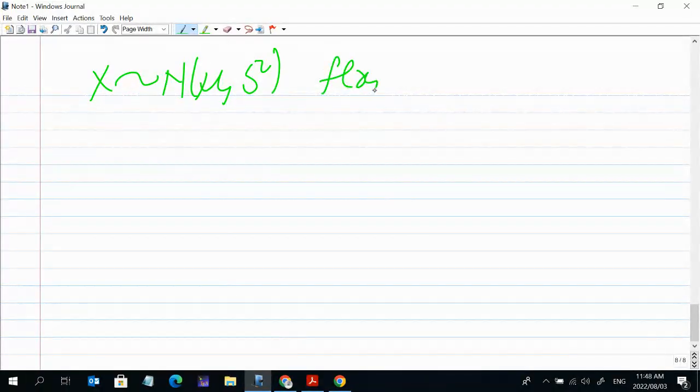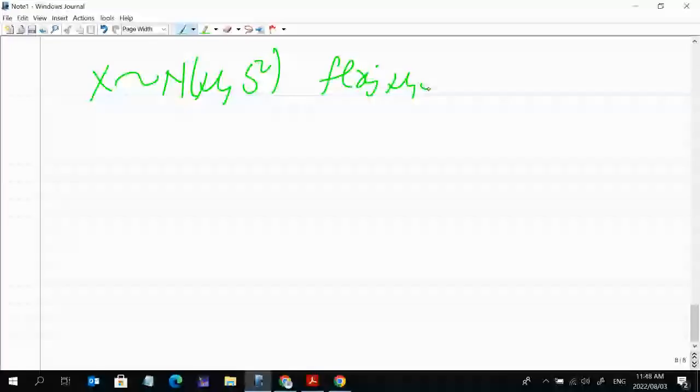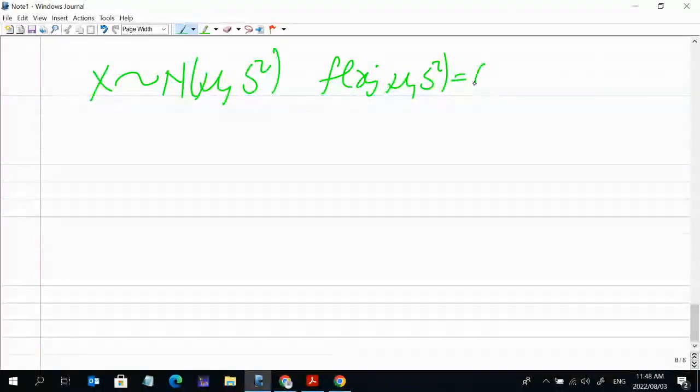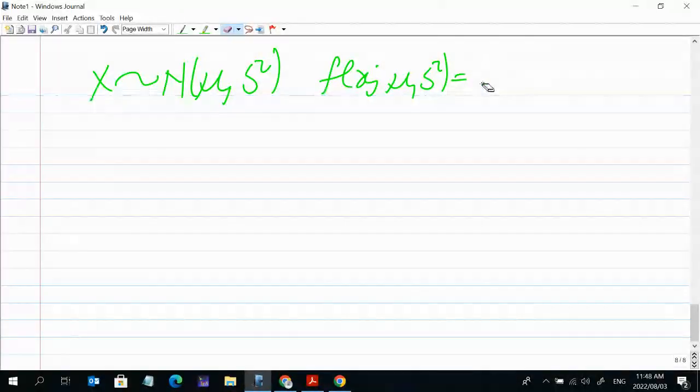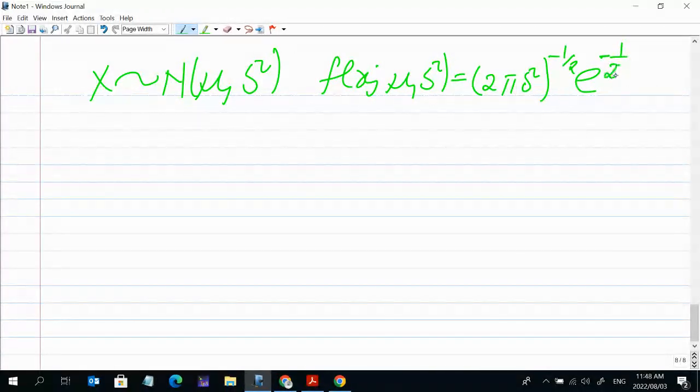So the distribution of x is, sorry, not 1 minus, but it's 2 pi sigma squared to the power minus 1 over 2, e to the power minus 1 over 2 sigma squared, x minus mu squared.